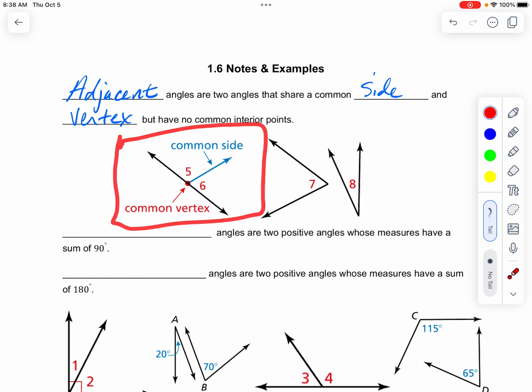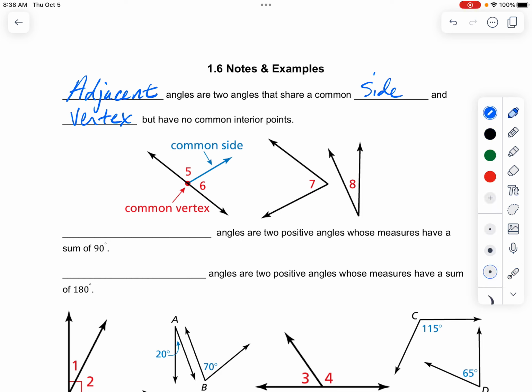Angles 5 and 6 are adjacent. Notice angle 5 is here, angle 6 is here, and they have the same vertex. Both angles have the same vertex, and they also share this side. But there are no points inside either of these angles that are the same. So that's an important distinction. If we were going to write this using proper notation, angle 5 and angle 6 are adjacent.